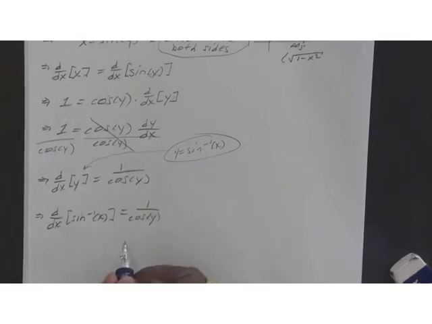Okay, well, we know that cosine is adjacent over hypotenuse.